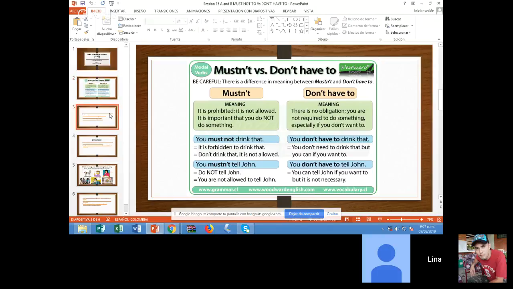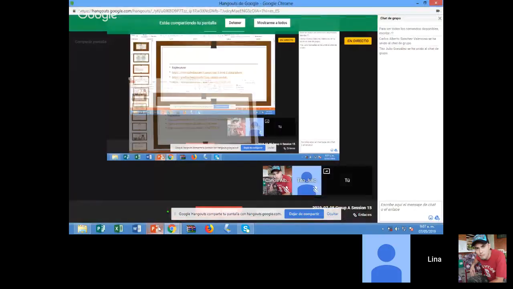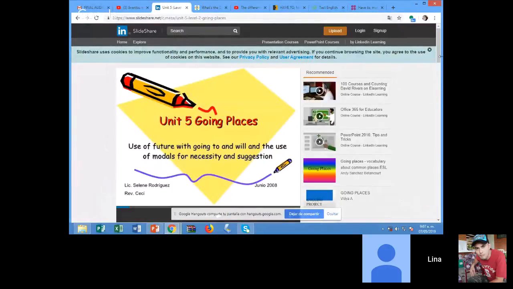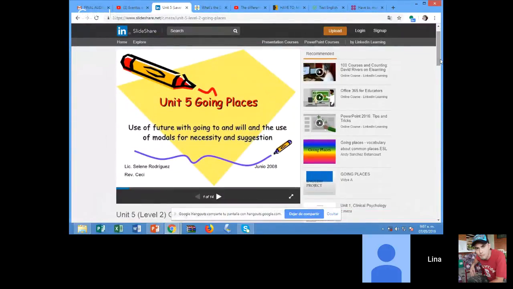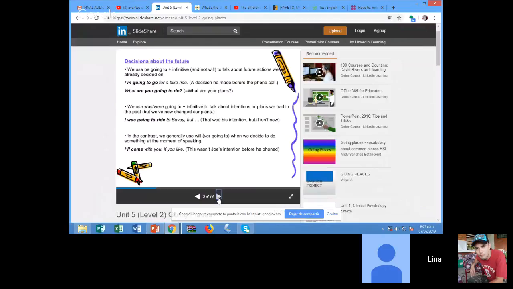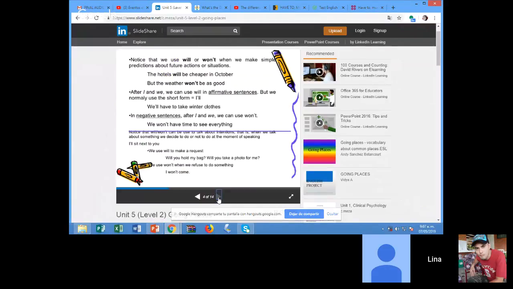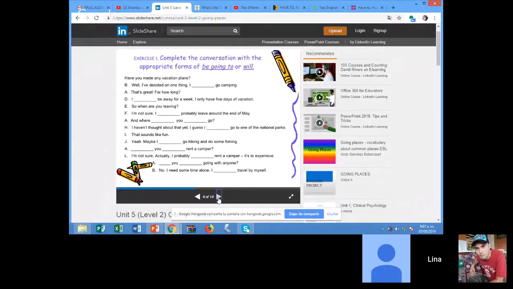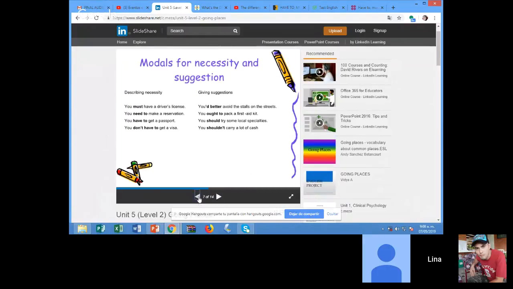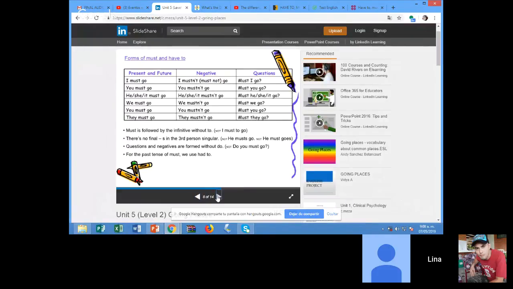So now I have here an explanation about the topic. Modals. So this is the modal.